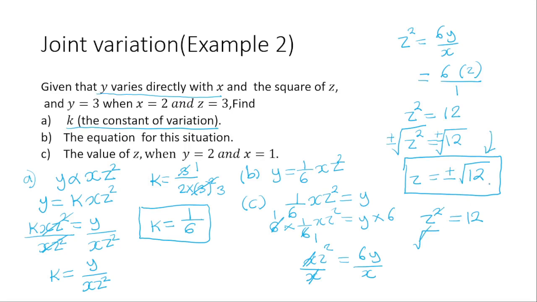It's fine to leave the answer in surd form like this, but you can leave it in decimal number if that's what the question demands. Now the big question is, why are we using the square root to cancel out there? Why?